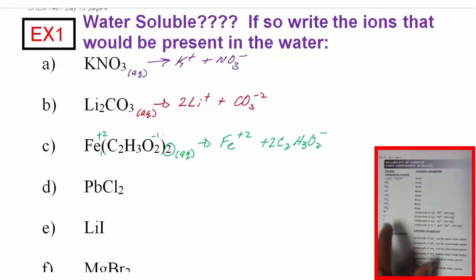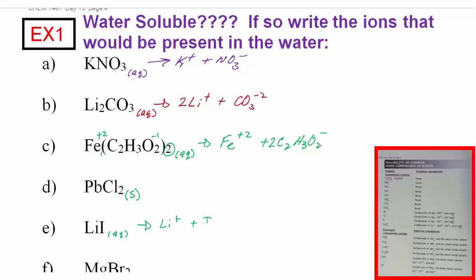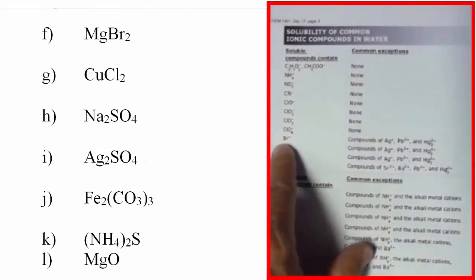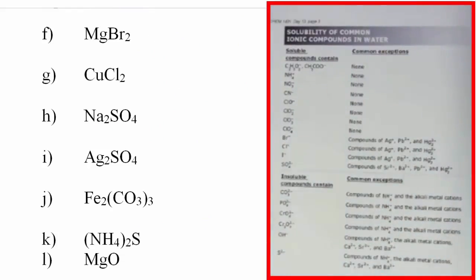Lead chloride. Chloride is soluble, except for lead, solid. Lithium iodide. Iodide is soluble, especially with those alkali metals. Magnesium bromide, soluble. Magnesium's not an exception.